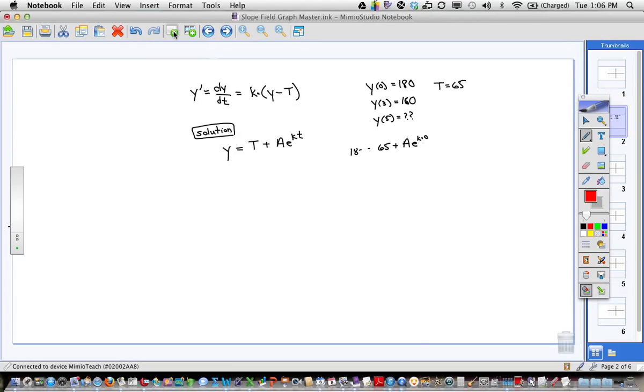K times 0, of course, is 0. E to the 0 is 1. So 65 plus A would equal 180. So A would equal 115.